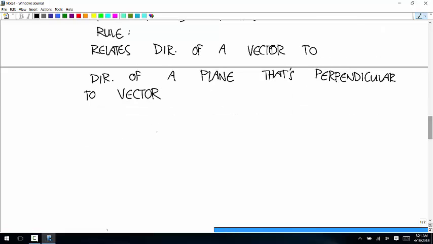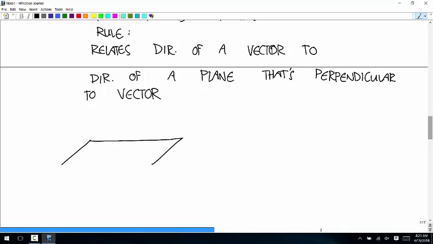So if that's a plane, those two vectors are both perpendicular to that plane. And the right-hand rule works like this. So there's your right hand.